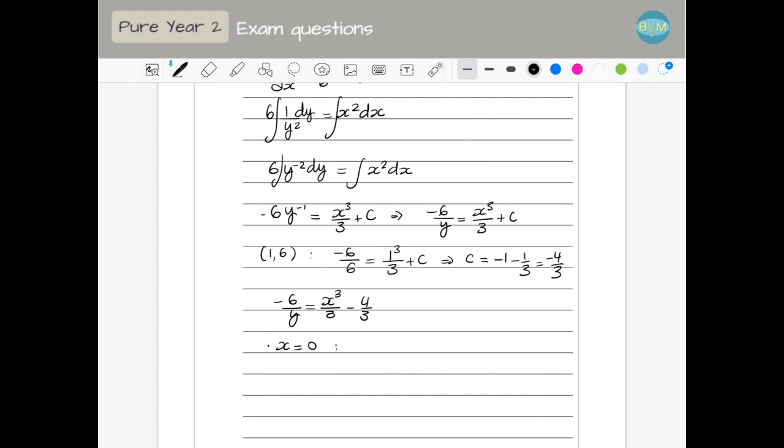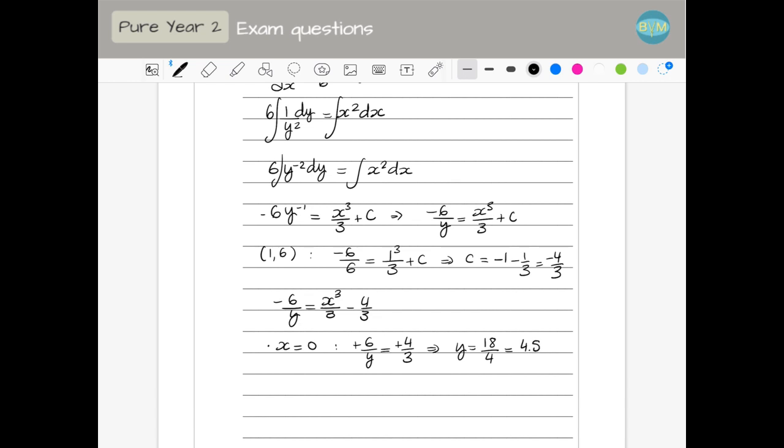So we are going to try what happens when x is 0. When x is 0, I have minus 6 divided by y is minus 4/3, which means that y is, we can cancel the minuses, 18 divided by 4, or 4.5.